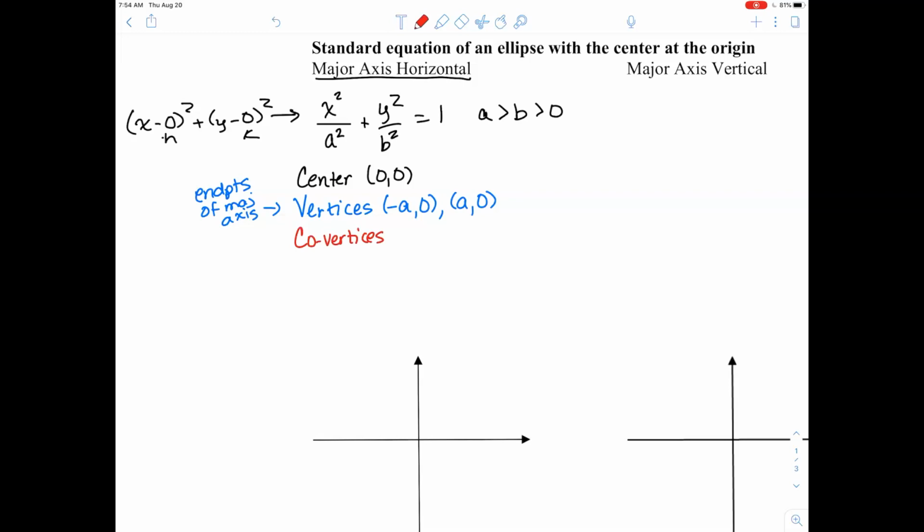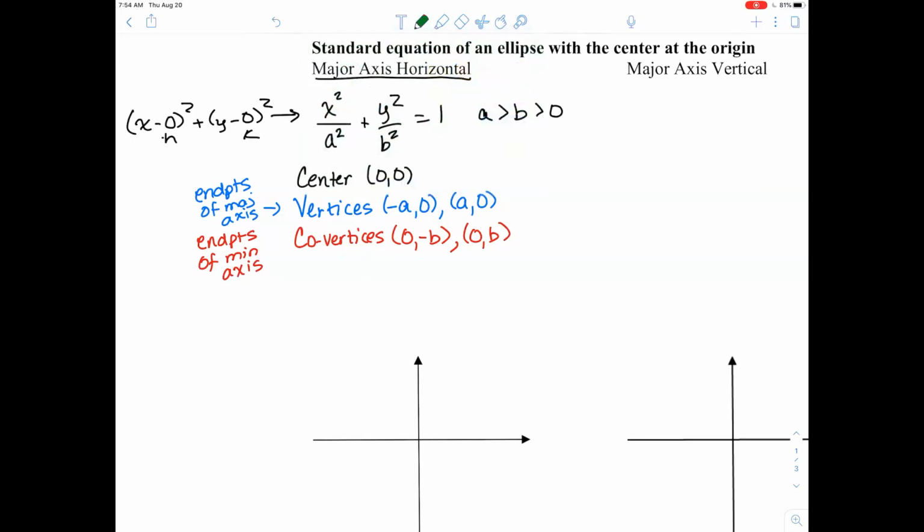And your co-vertices are going to be at 0, negative b, and 0, positive b, or up b and down b. And these will be the endpoints of the minor axis. Minor meaning the smallest. Okay, major meaning the biggest.